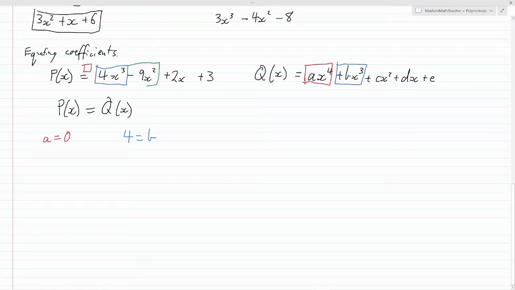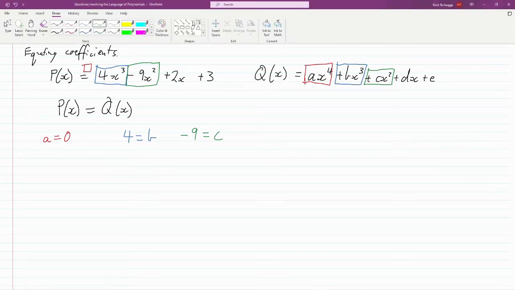We're looking at our x squared term. So there's negative 9x squared in P of x, and there's cx squared in Q of x. So sure enough, that means that negative 9 equals c. They must be the exact same. That's what equating coefficients is all about.